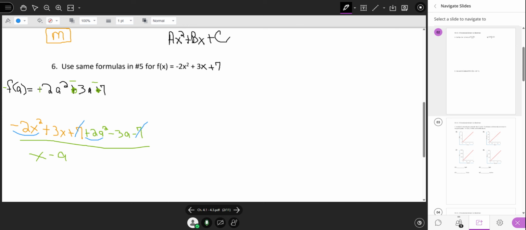And at the same time, we factor out the number in front. So I have a negative 2, and that becomes x squared. And because I'm factoring out a negative 2, that becomes minus a squared.